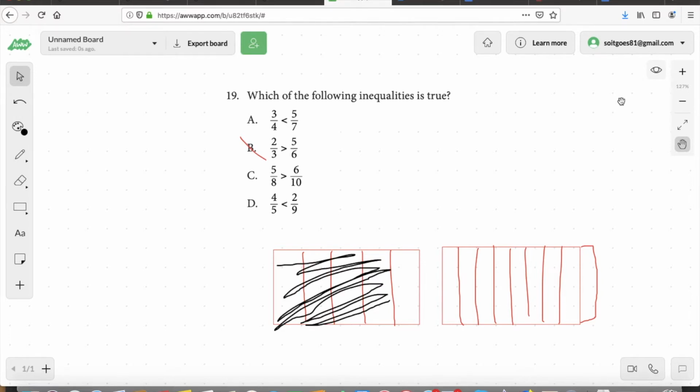Yep, and then 2/9. Looking good. Which one's bigger? Come on, this is easy, right? 4/5 is clearly bigger than 2/9. So we can eliminate answer choice D.